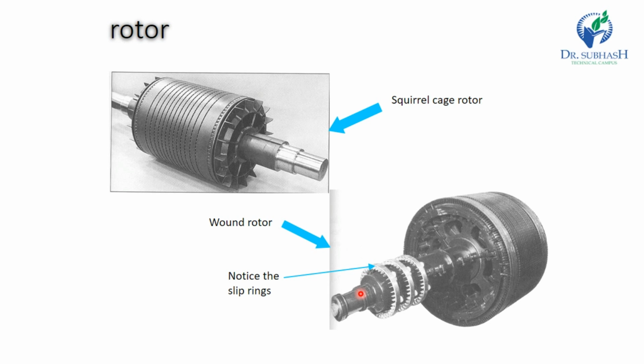The slip rings are made of copper or phosphor bronze. There are three brushes resting on them, as we see here. External connection to the additional resistance is done at the brushes.